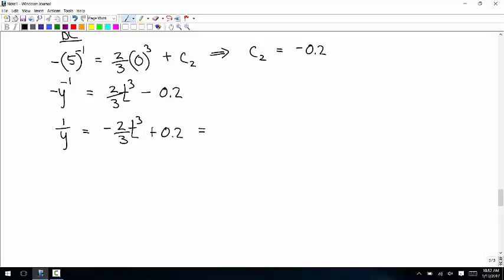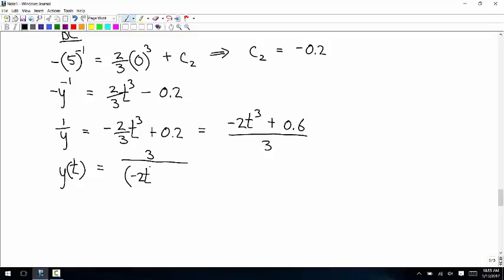Get a common denominator, and you get negative 2t cubed plus 0.6 over 3. And then reciprocal of both sides says y as a function of time is equal to 3 over the quantity negative 2t cubed plus 0.6.